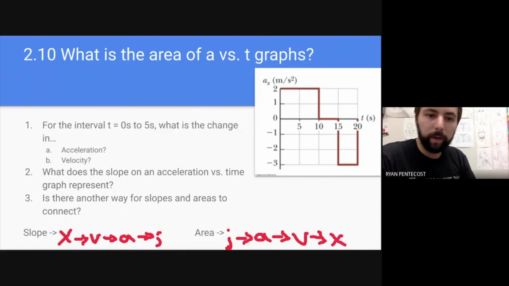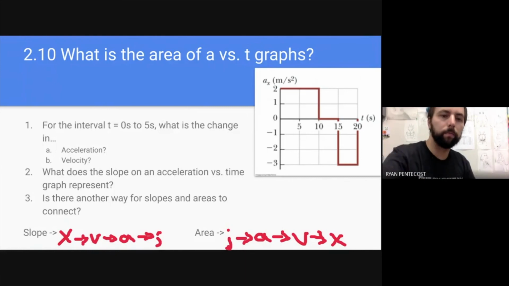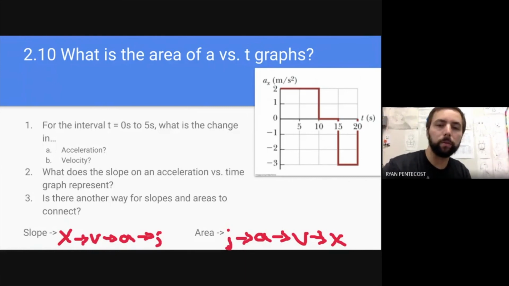Now, if the power rule kind of got you concerned or confused, don't worry. We're going to spend a lot more time before you're going to be expected to do much with that.